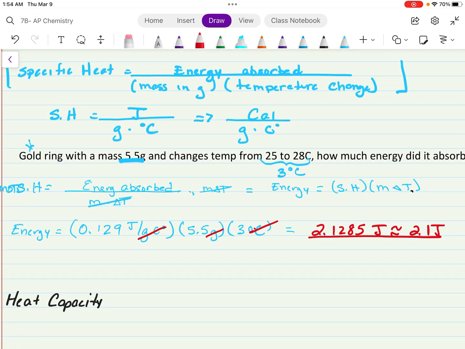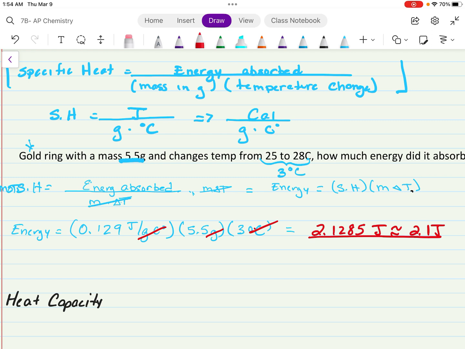Now, when we're working with specific heat, and the ability of different substances to absorb energy, what we're really talking about is the thermal properties. Now, there's a couple of things that we need to look at.